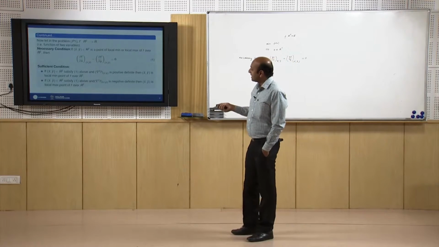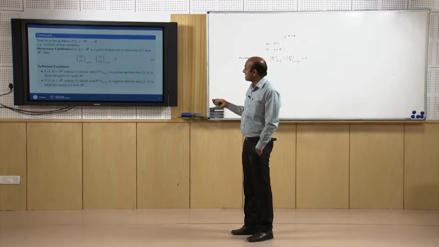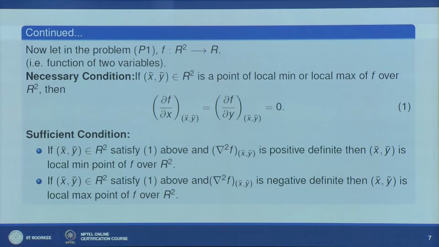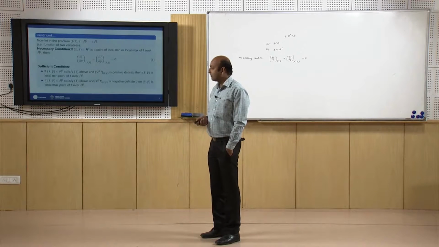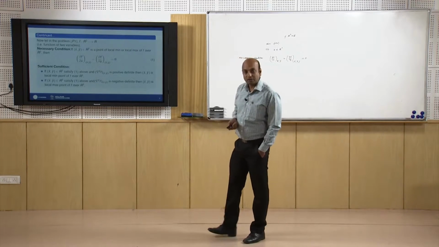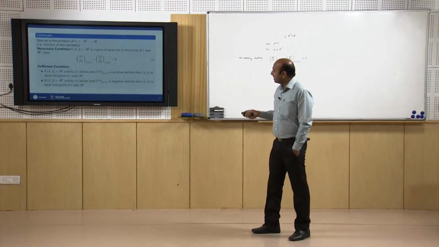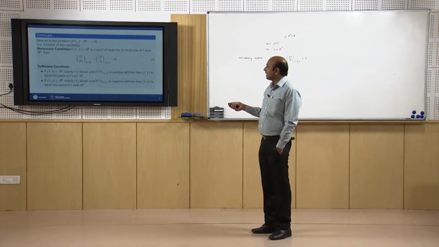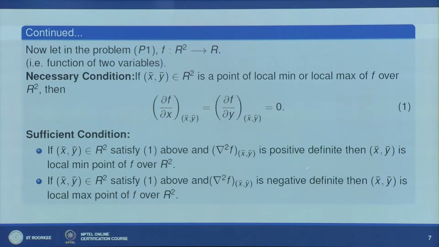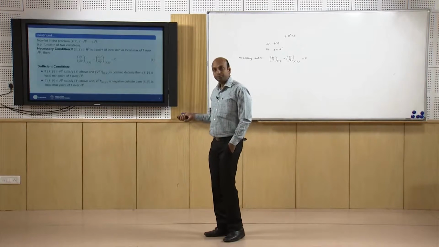If x bar, y bar belongs to R2 and satisfies this condition, that is, the partial derivative of f with respect to x and the partial derivative of f with respect to y are both 0 at x bar, y bar, and the Hessian matrix of f at x bar, y bar is positive definite, then x bar, y bar is a point of local minimum, and if it is negative definite, then it will be a point of local maximum of f over R2.